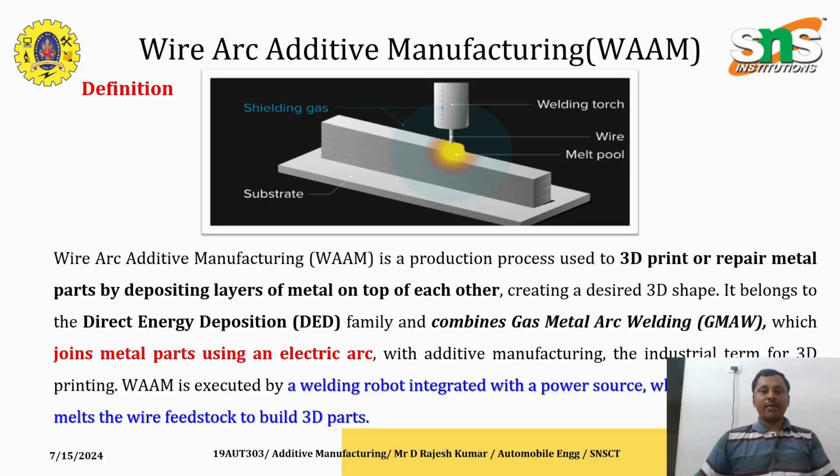So wire arc additive manufacturing is one of the solid based additive manufacturing techniques. In wire arc additive manufacturing, the metals are deposited layer by layer on each other by the application of a robot arm. So a welding robot is integrated with a power source where a welding torch melts the wire feedstock to build the 3D parts.